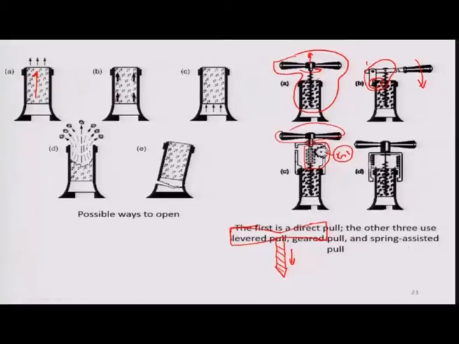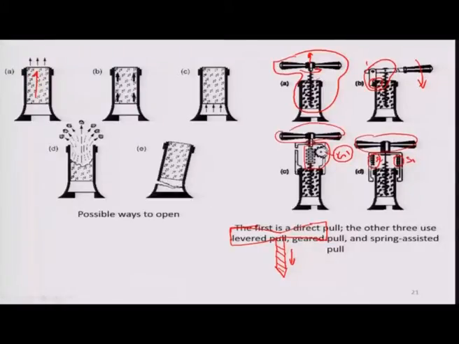And the fourth is the spring assisted pull. Spring assisted pull means you are applying a force, and due to the spring force from the two springs S1 and S2, a compressive load will be applied, and after rotating the handle, it will get opened.